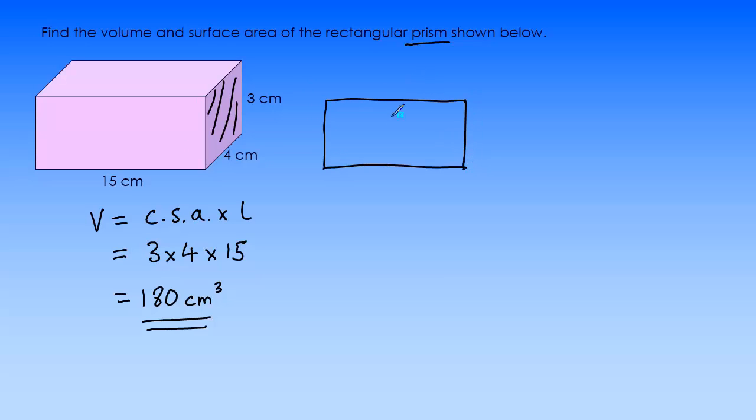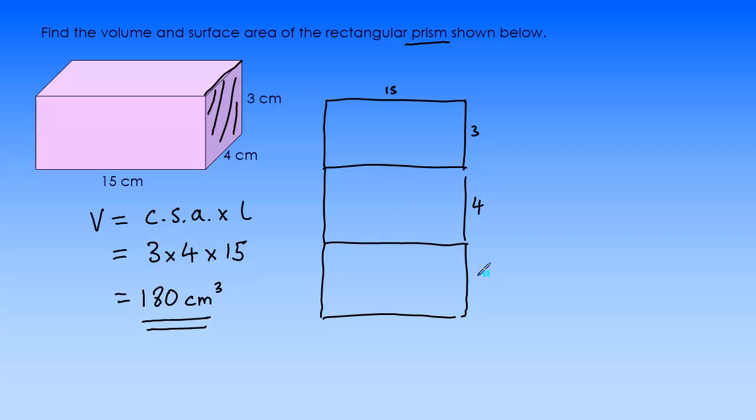So we'll have this one here which is 15 by 3. Then the one along the top here would be 15 by 4. So that's going to be a 4. And then on the back we'll have a 15 by 3. And then underneath a 15 by 4.